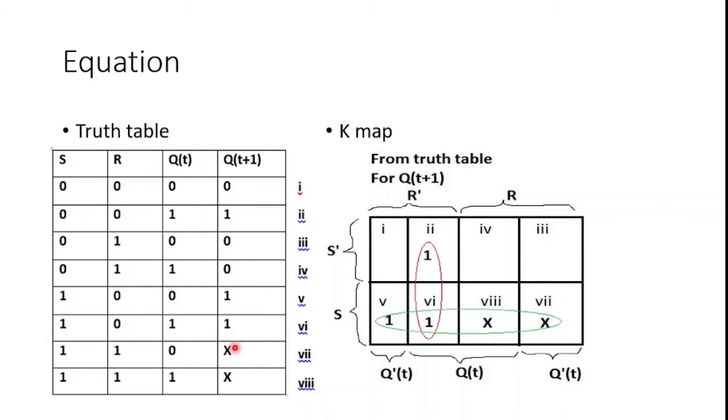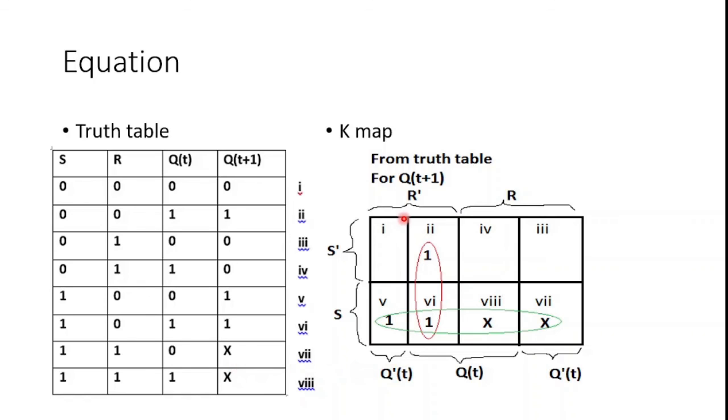Now let's see how you can find the equation for the SR flip-flop. Okay, so this was the truth table, and we will extract the ones from the Qt plus 1. So we have 1 in the second slot, and then in the 5th and 6th slots, and as for the 7th and 8th slots we have 2 X's, which is undefined.